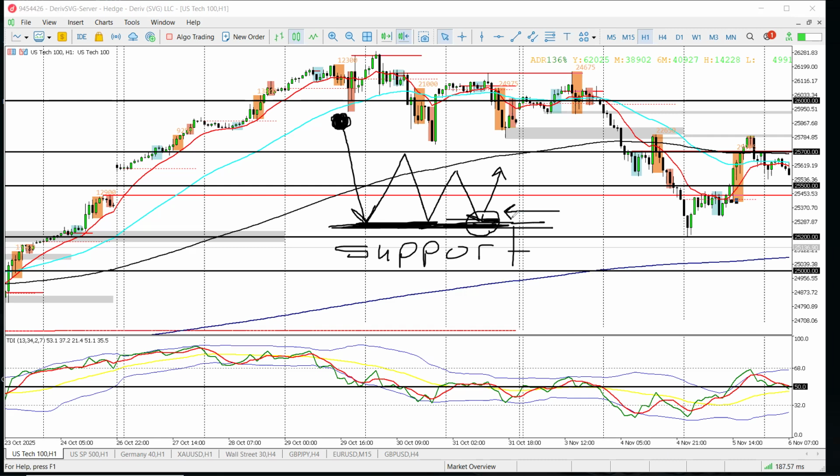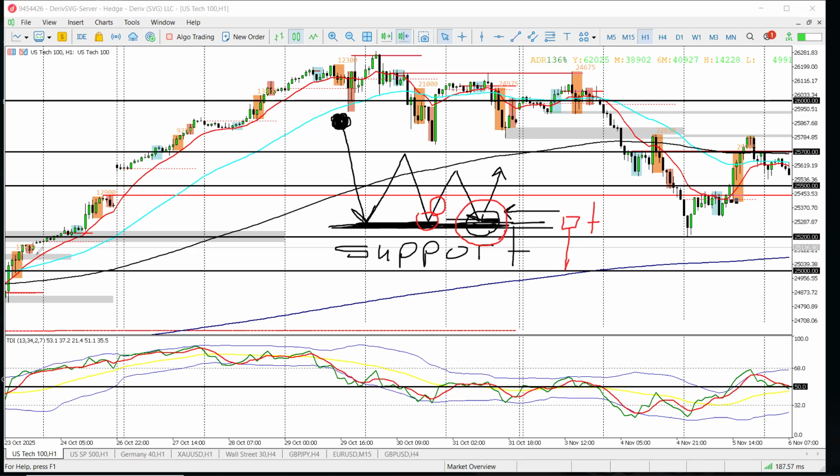You're looking at things like liquidity sweep, fair value gaps, and nameable candles. So you're looking for order blocks in this area, fair value gaps in this area, and a nameable candle, especially a pin bar or a doji right in this area. Once you get those confluences lining up, then you can take your trade.